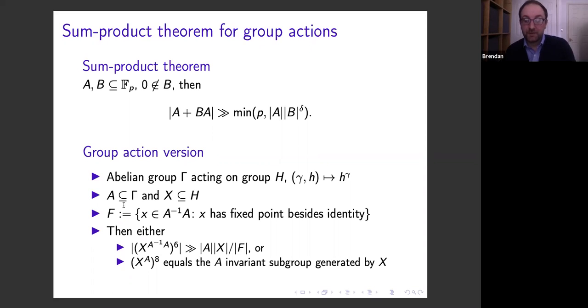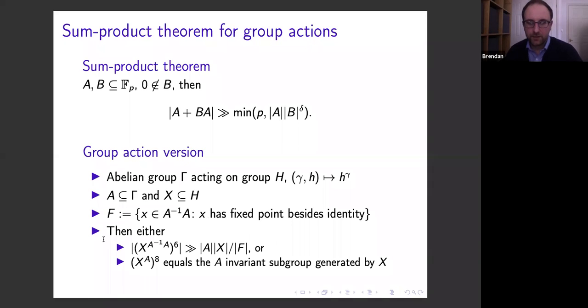So that's what happens. There's just a bit of a technical point that you have to deal with. We have the subset A of the group that's acting, and we have to look at the set of elements that it fixes besides the identity. So that set is slightly problematic.